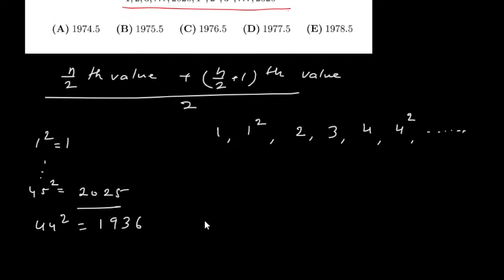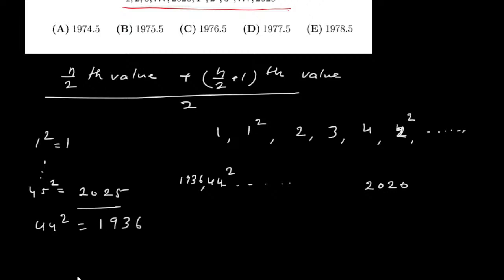And in between, when I reach 2020, before that at some place I have 44, and somewhere I have 44 square, and 44 square is 1936. So here we have 1936 and then 44 square.